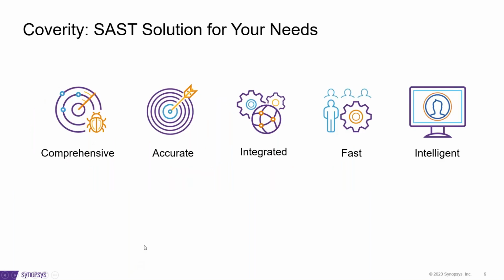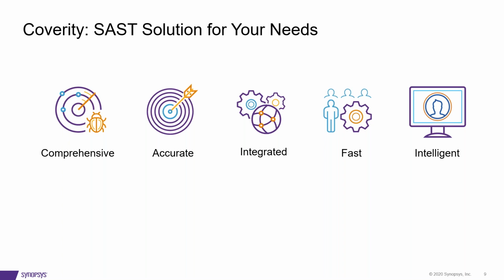Coverity is a SaaS solution very well suited for these personas in your organization. It is comprehensive in terms of providing a broad range of identification capabilities for security vulnerability and quality issues, provides extensive language coverage and framework support, and security standards so that you can meet your compliance requirements.